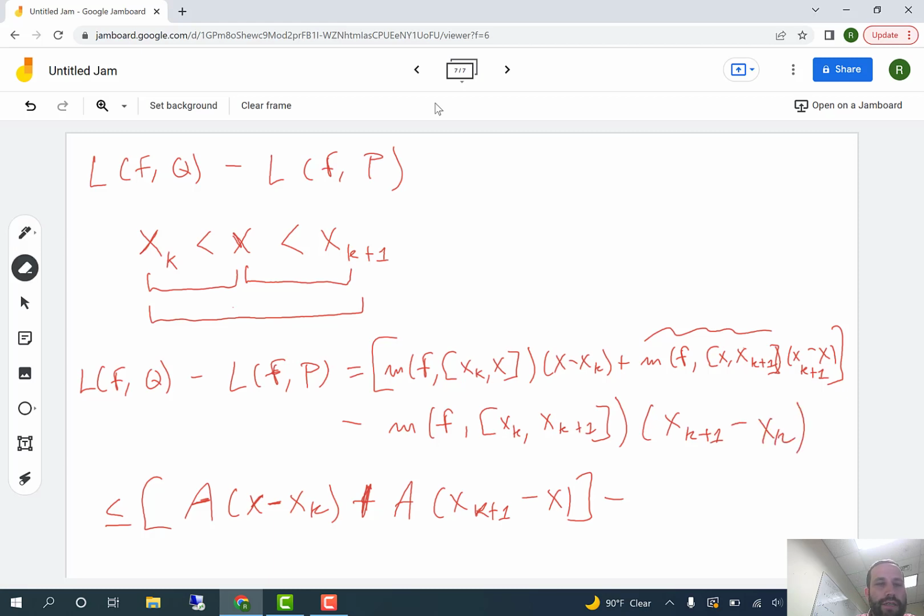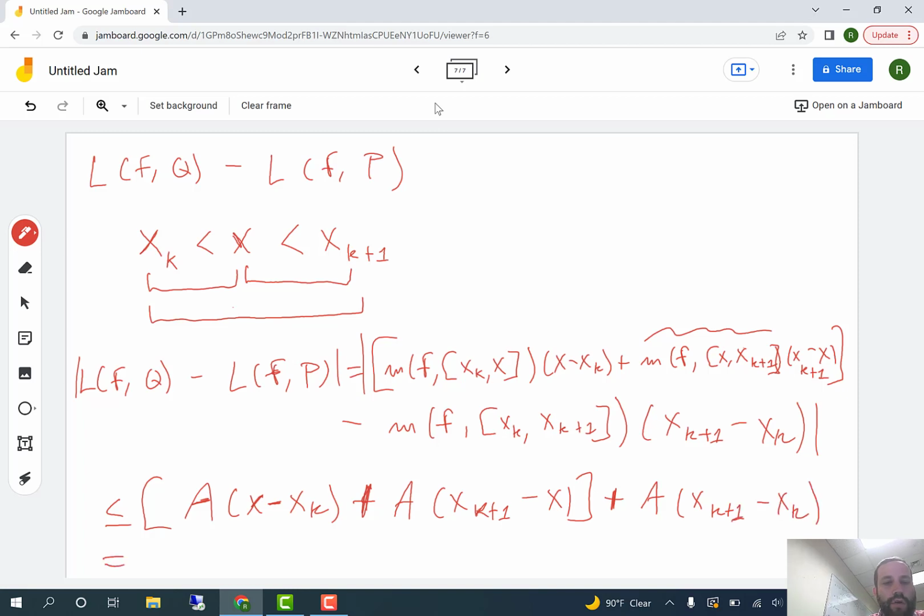And then plus, again, I'm changing the minus to a plus. So the absolute value of this is equal to the absolute value of this, and that's less than or equal to the sum of the absolute values of each term. And so the absolute value of this, again, is going to be less than or equal to A times x_{k+1} minus x_k.